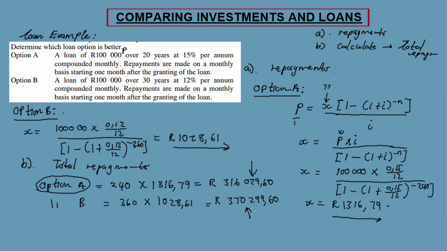I don't want to pay 370,000 for 100,000. I borrowed 100,000 but I will pay that much money, that's 3 times this amount. So I would rather stick with option A over option B, because option A is much less than option B.